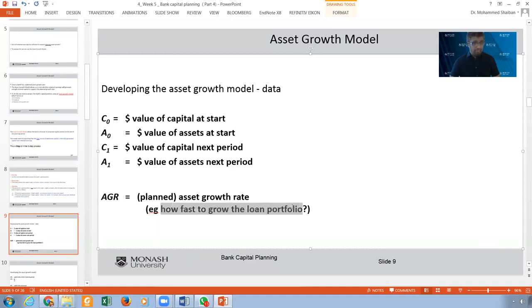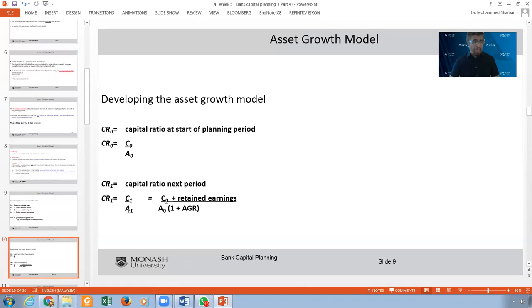And how fast my growth in the planning portfolio. All in all, it means how much asset growth I will have. So if you come here, this is actually the ratio at the beginning of the year, and it should be equal to the target capital.